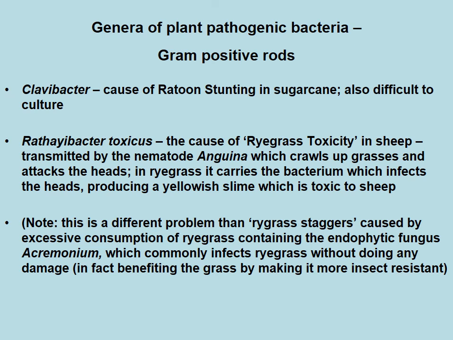to sheep. And note, this is a different problem than ryegrass staggers, which is caused by the excessive consumption of ryegrass containing the endophytic fungus Acremonium. Acremonium commonly infects ryegrass without doing any damage to the plant itself. In fact, it benefits the grass by making it more resistant to insect pests.